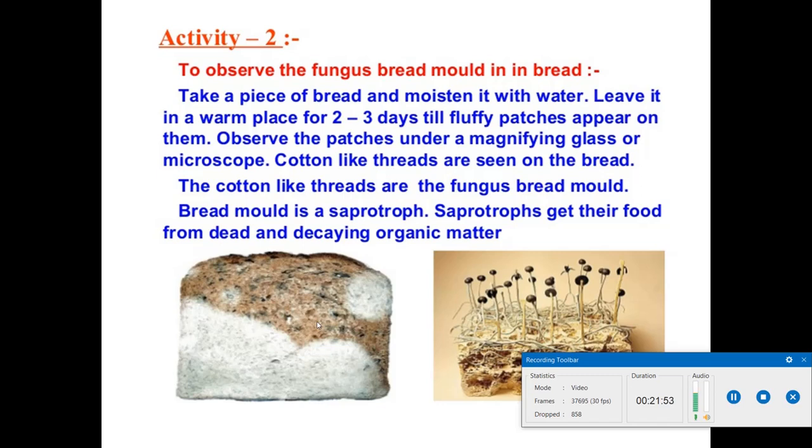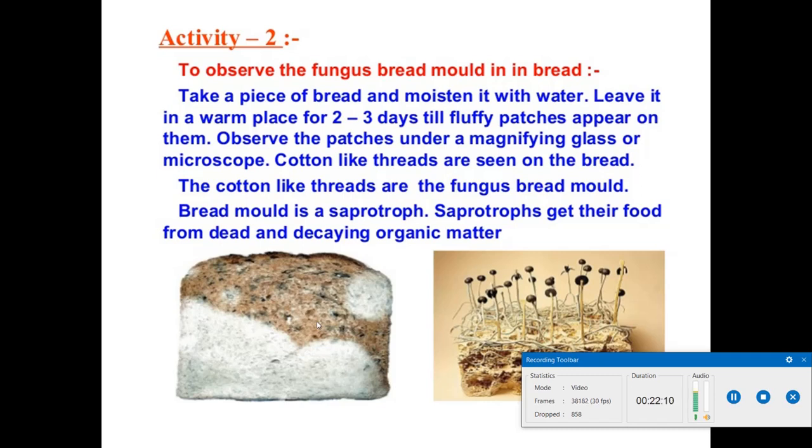Observe that patch under a magnifying glass. You can observe some white cotton-like thread on the bread. So these cotton-like threads are nothing but fungus, that is bread mold.